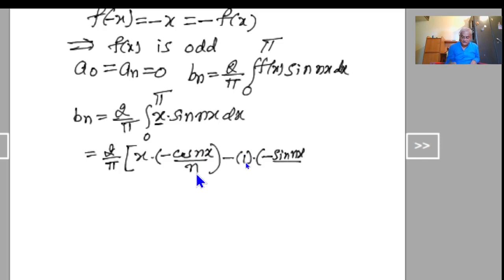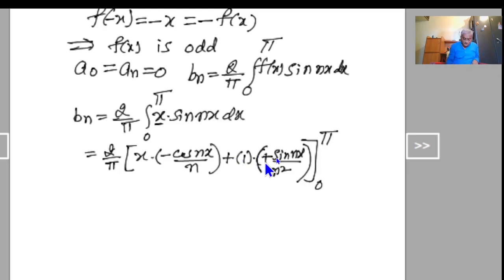Already one n is here, this becomes n square, and the next term becomes 0 because I have to write the derivative of this. This is between 0 and pi, and here I have minus, I will make this as plus.